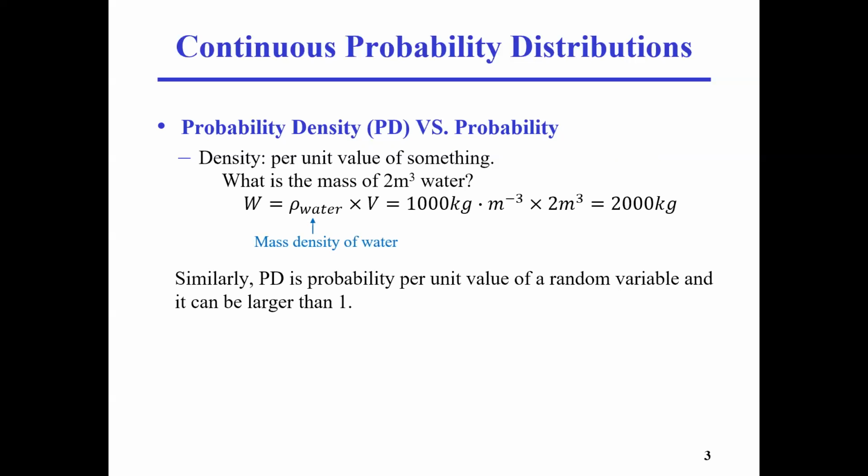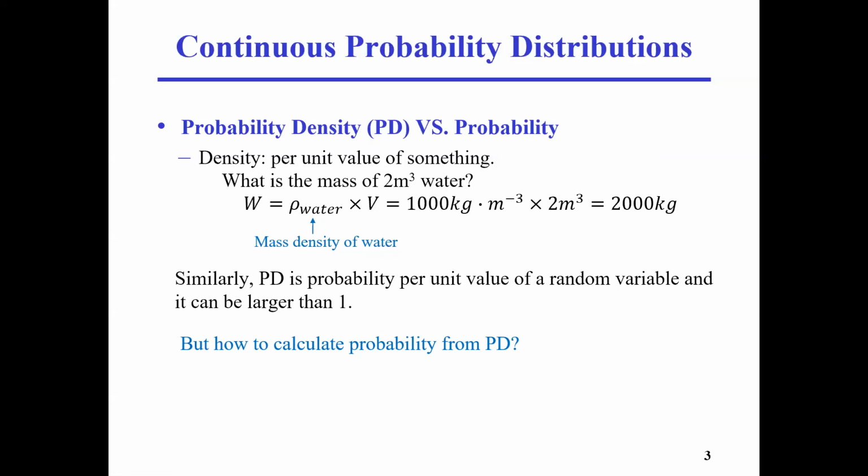So how do we calculate probability from probability density? According to the method we use to calculate the mass of water, we need to multiply the density by something to get the actual mass.